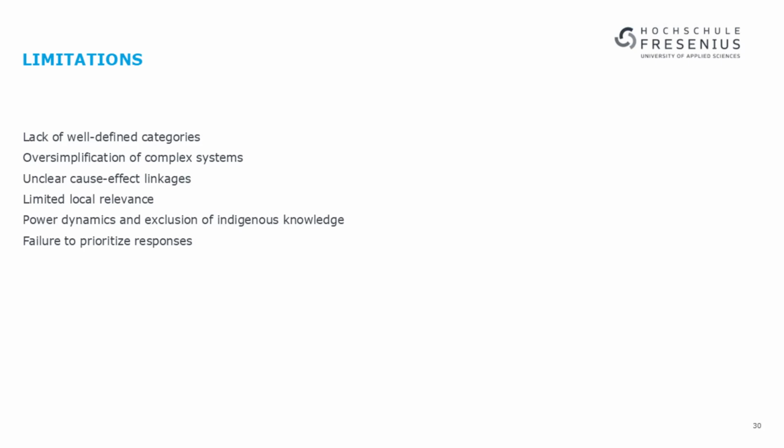Developers in this case can be non-governmental organizations and other international organizations. This dynamic can disregard local knowledge and limit the effectiveness of the responses. In principle, this framework does not prioritize or evaluate the effectiveness of each response to environmental challenges.